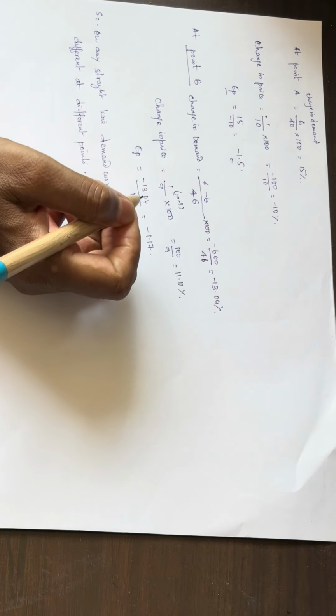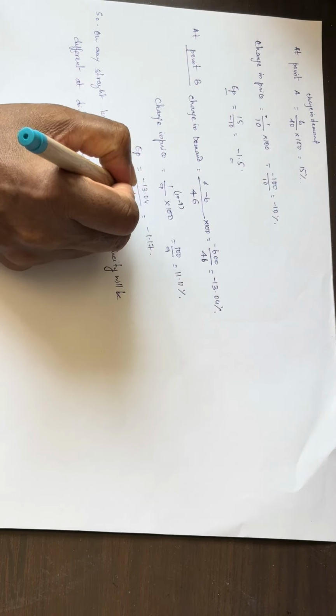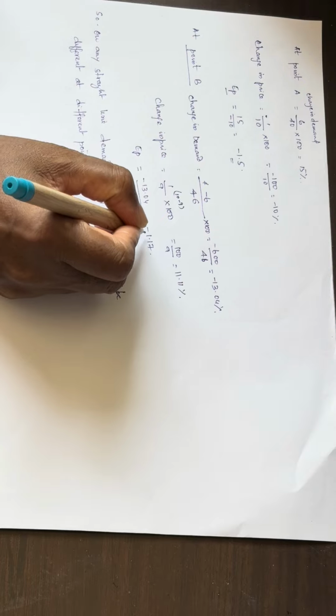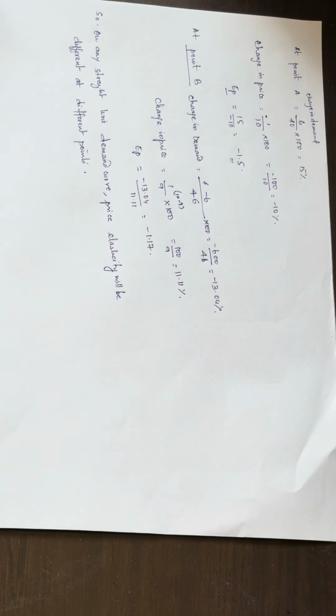The price elasticity is equal to minus 13.04 divided by 11.11, that is minus 1.17. So on any straight line demand curve, the price elasticity will be different at different points.